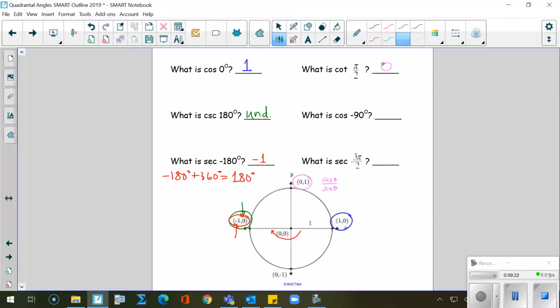What is the cosine of -90? I could go this way and know that -90 is also 270, or mathematically, I could find a coterminal angle and realize that I'm looking at the same location as 270 degrees. The cosine is the x coordinate.